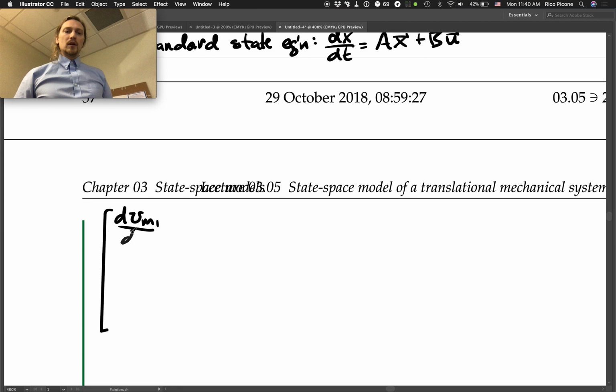So dVm1 dt, dVm2 dt, dFk1 dt, and look at this magic, dFk2 dt.